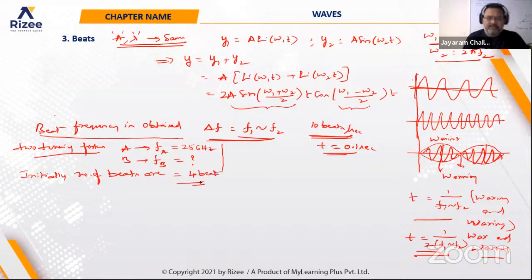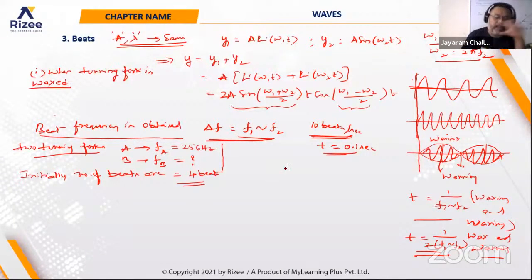Now, before going for the sum, I just want to tell you one thing. First, when a tuning fork is waxed, what do you mean by waxed? That means you are pouring melted wax on the tuning fork. Because you are pouring wax on the tuning fork, the thickness of the prongs will increase.